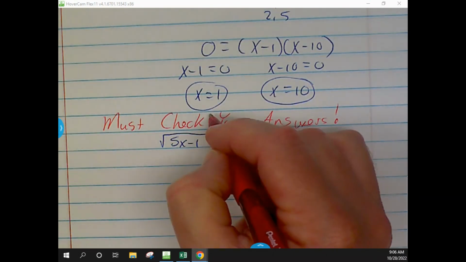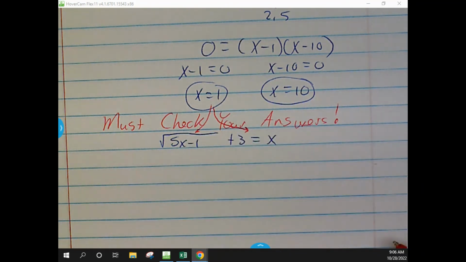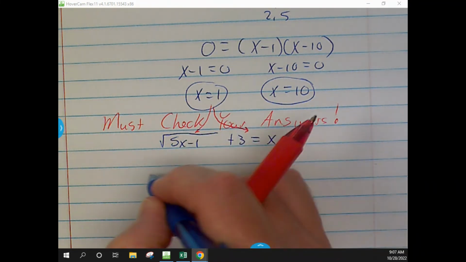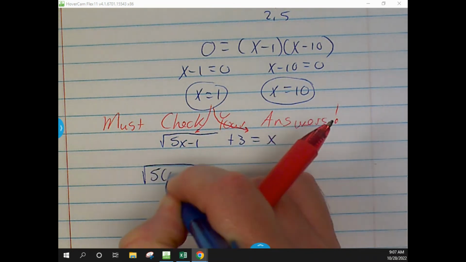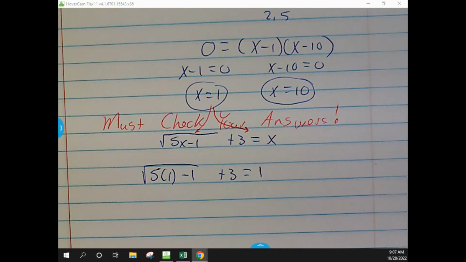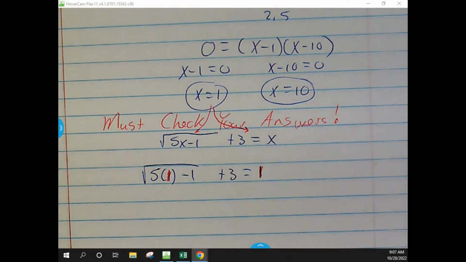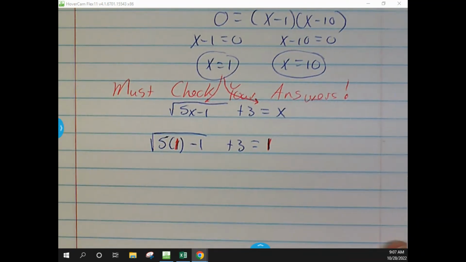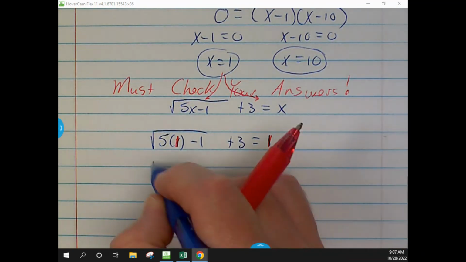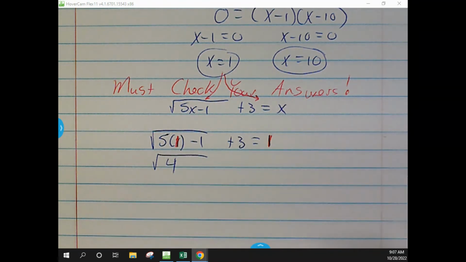Okay, so we're going to take x equals 1 and plug it back in here and see what we get. So that's the square root of 5 times 1 minus 1, plus 3 equals 1. So we're plugging in the 1 for x there, and the 1 for x there. So that is 5 minus 1, which is the square root of 4.